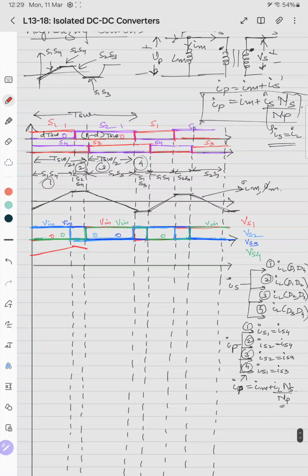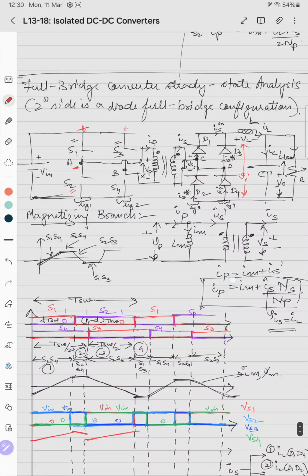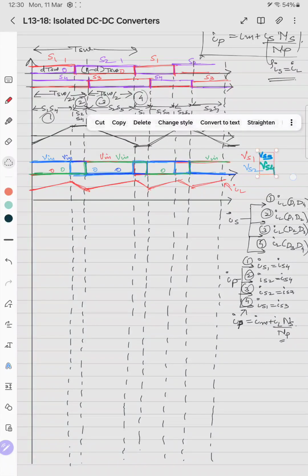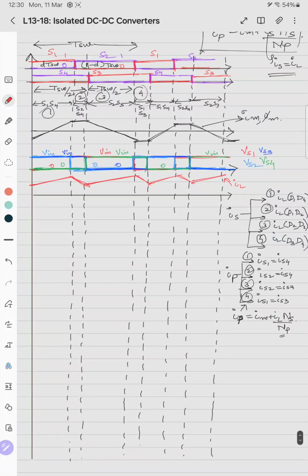So the inductor current again tries to rise with the same value, and in the last case it falls again, becoming 0. So this is IL. Now we are in a position to draw all the currents.